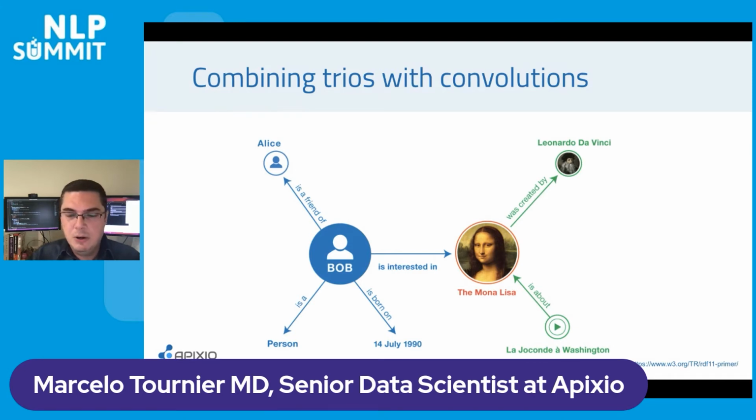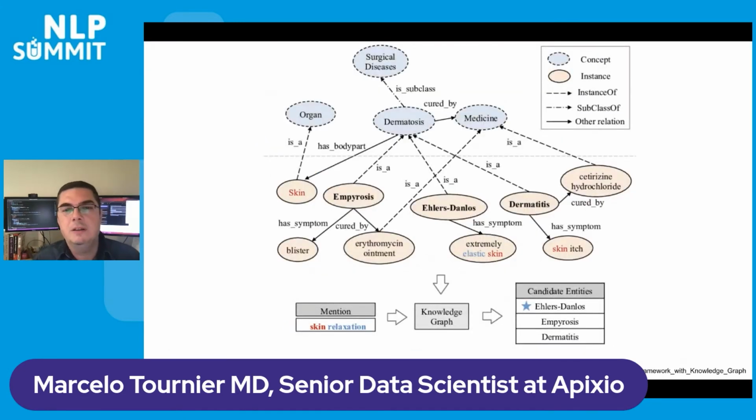Relating to healthcare data, we can start to build some very elaborated representations of what the patient has. And we call that a knowledge graph. So this is an example of a knowledge graph with some nodes, which are entities like diseases, like the Ehlers-Danlos syndrome, which is a dermatosis.